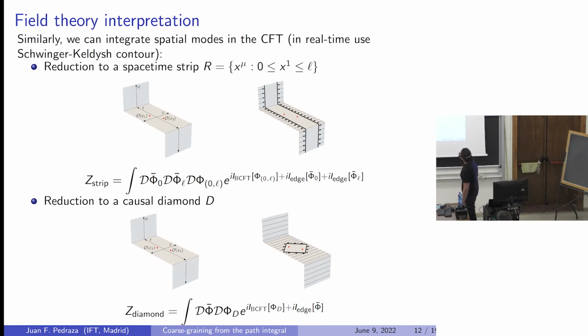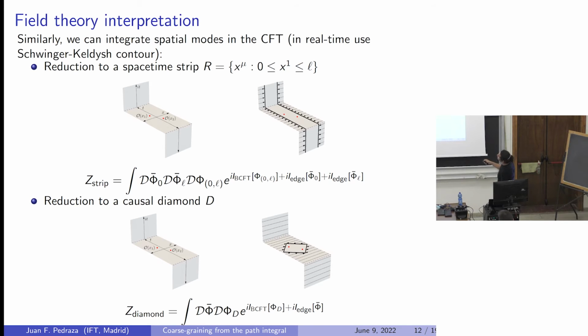So I'm using here the Schwinger-Keldysh contour, where you essentially prepare a state. You need to define the initial state and the final state, and the way you do it is by Euclidean partition function. So you add these Euclidean parts to the contour.